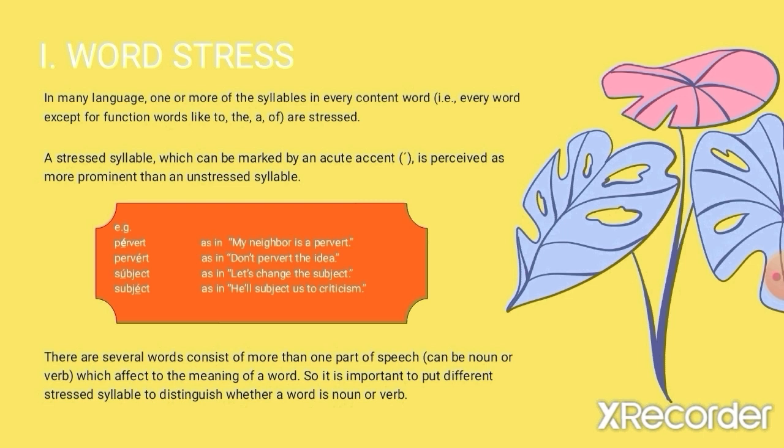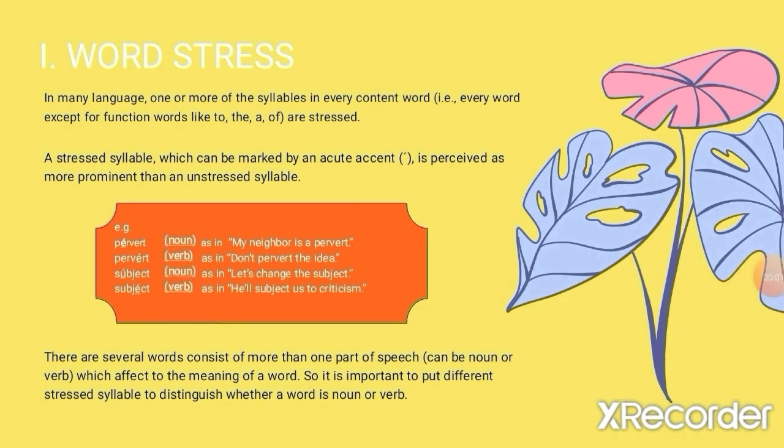For the first pair, the first one is perfect, as in my neighbor is a perfect, and the second one is pervert, as in don't pervert the idea. So do you know, guys, what's the difference between the first and second stressed syllable? Alright, let me show you the difference.